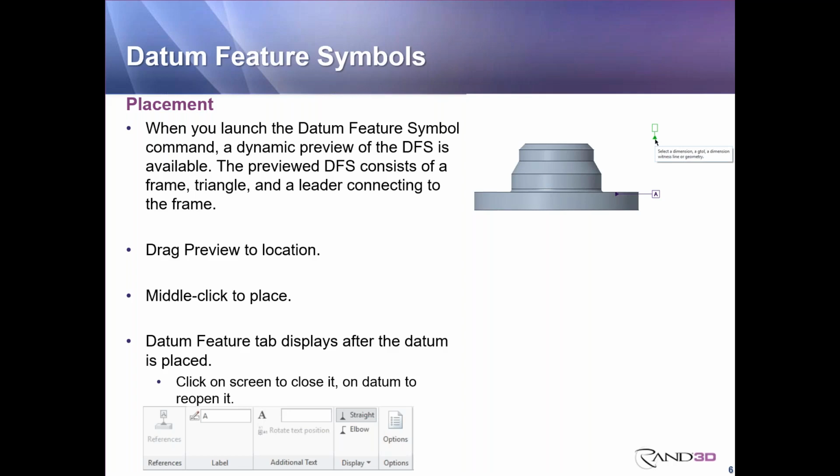You will see a frame, an empty frame at that, a triangle and a leader connecting the frame and the triangle, and I've got a little example in the upper right area. The datum feature symbol preview is attached to the pointer position with the point located in the middle of the bottom edge of the triangle. When you move the pointer, the preview moves with the pointer.